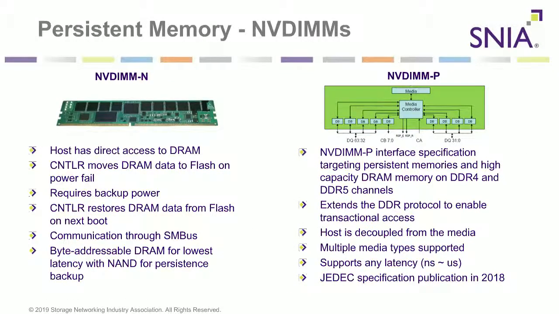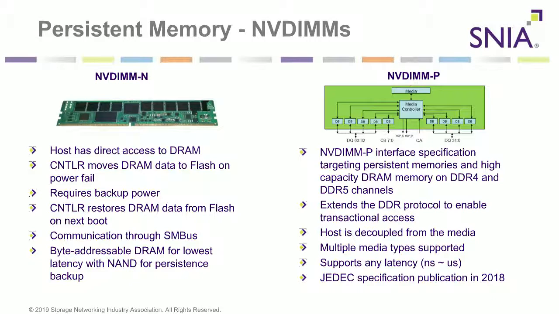The -N is basically a combination of a DRAM and a flash. Essentially, on the left-hand side, you can see the DRAM is front-facing to the applications, so you can plug it into a standard DDR4 slot. It shows up as persistent memory to the operating system. I'll tell you how all these things are achieved later.